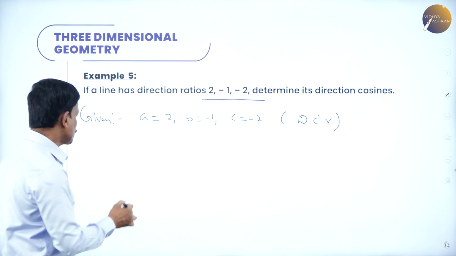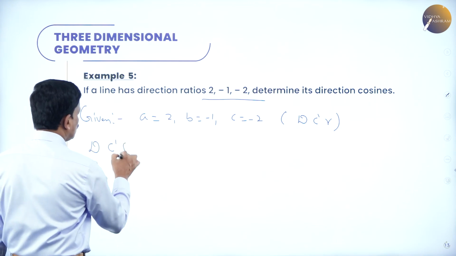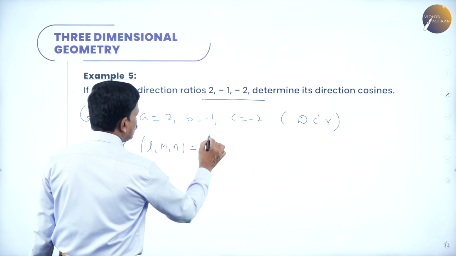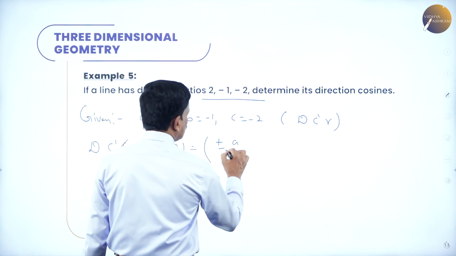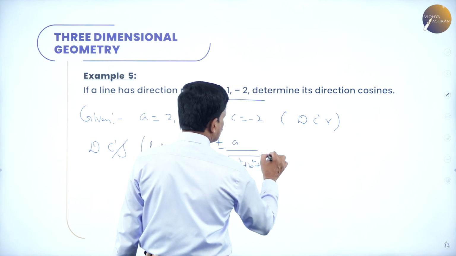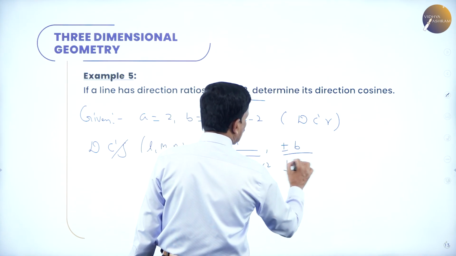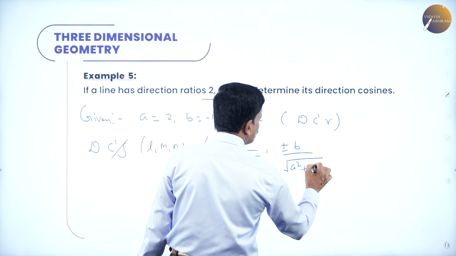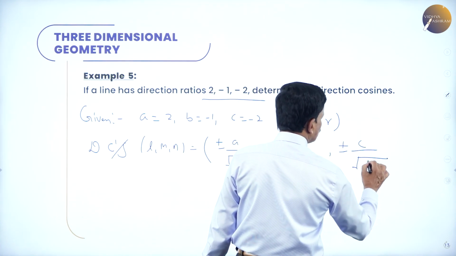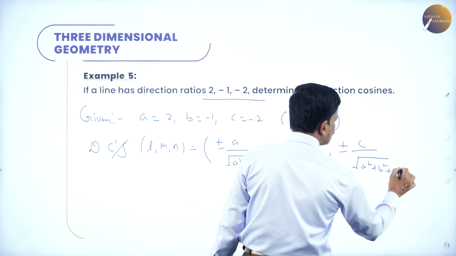The direction cosines L, M, N is equal to plus or minus A by root of A square plus B square plus C square, plus or minus B by root of A square plus B square plus C square, plus or minus C by root of A square plus B square plus C square.